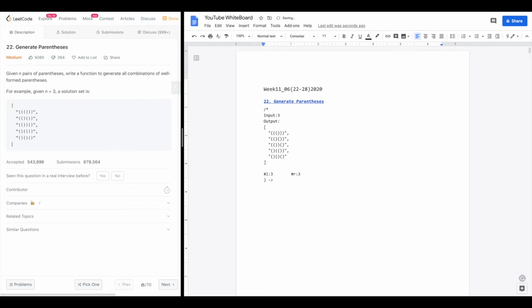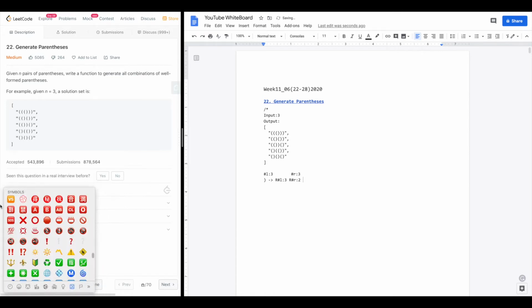The remaining number of left parentheses is 3, and the remaining number of right parentheses is 3. This is wrong.